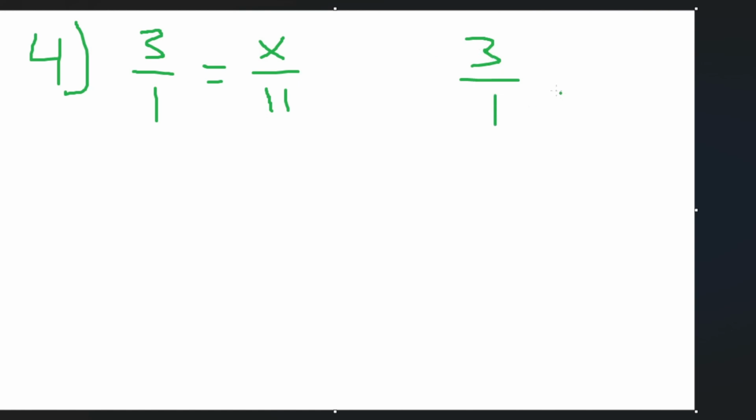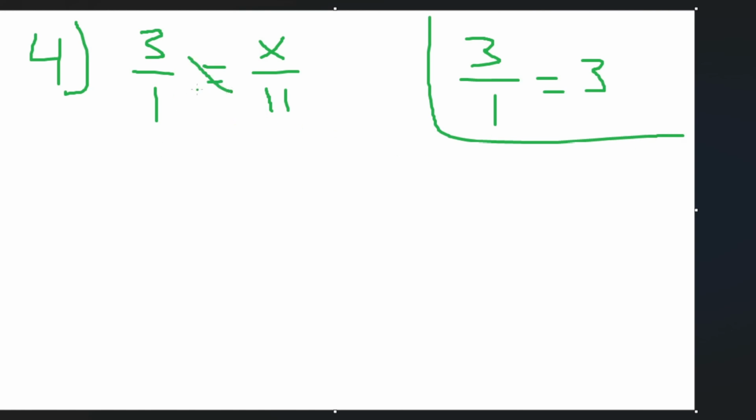So now number 4. Number 4 says 3 over 1 equal to x over 11. So this time the problem gives us the 3 over 1 instead of just saying 3, but of course we should all know that 3 over 1 is the same thing as saying 3, and vice versa. These are both equal to each other.